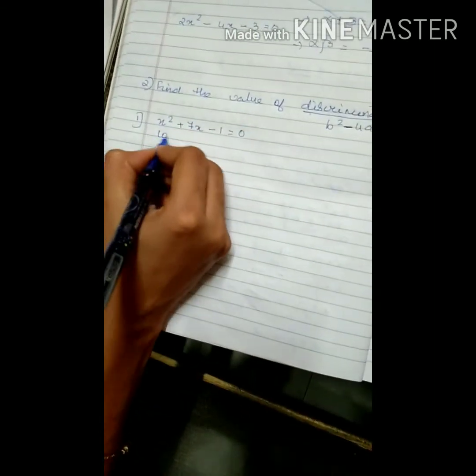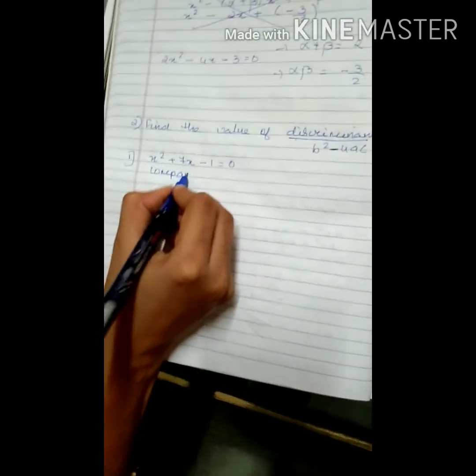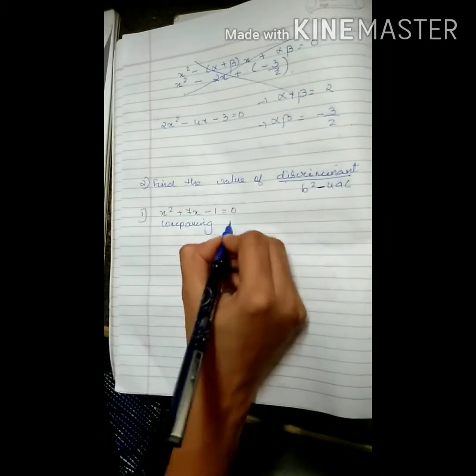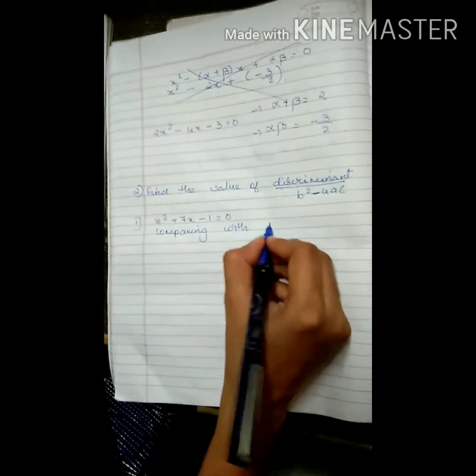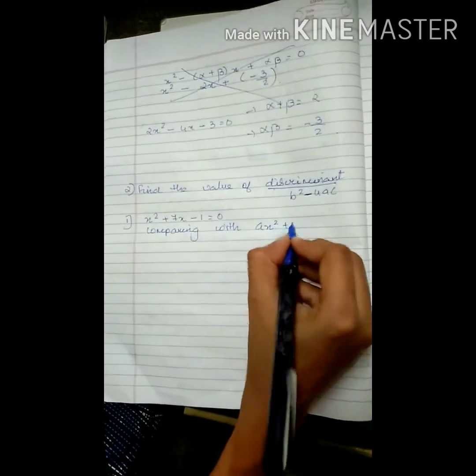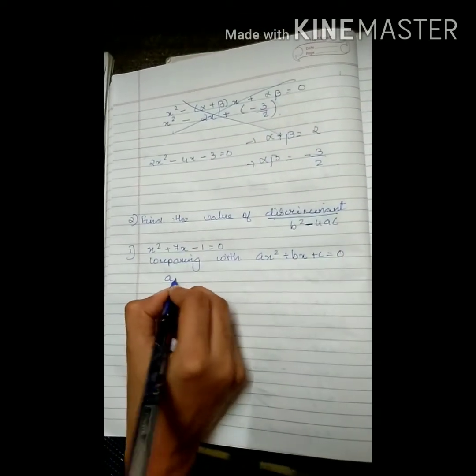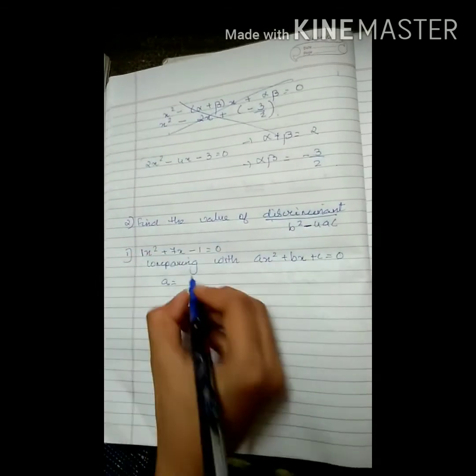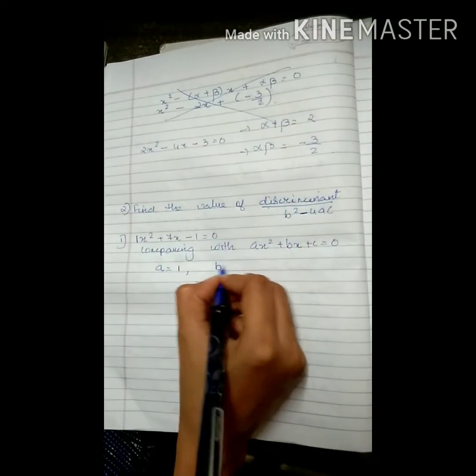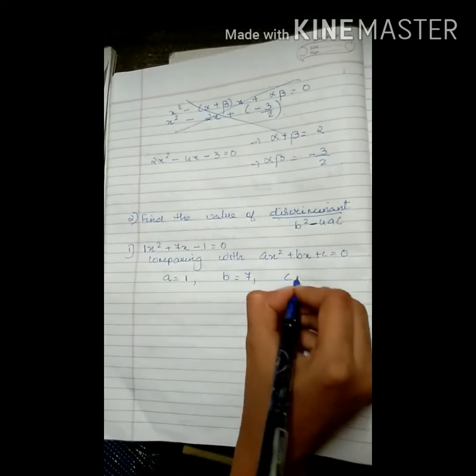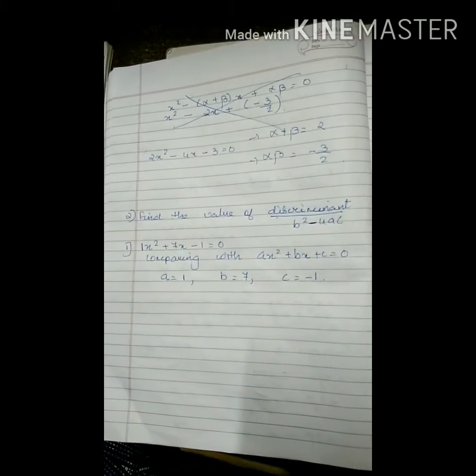Start by comparing with ax square plus bx plus c is equal to 0, where the value of a is 1, the value of b is 7, and the value of c is minus 1.